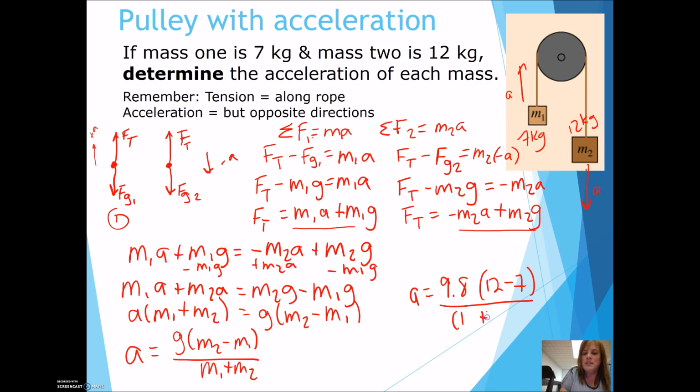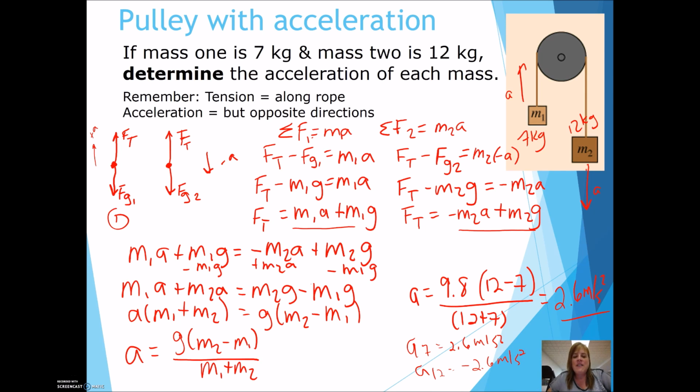If we do the math, we're going to end up with a value of 2.6 meters per second squared. The acceleration of the 7 kilograms is 2.6 meters per second squared, and the acceleration of the 12 is a negative 2.6 meters per second squared.